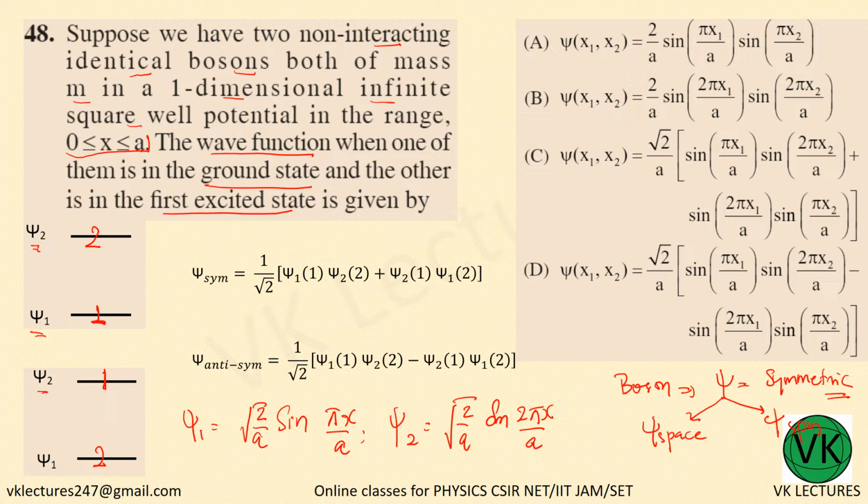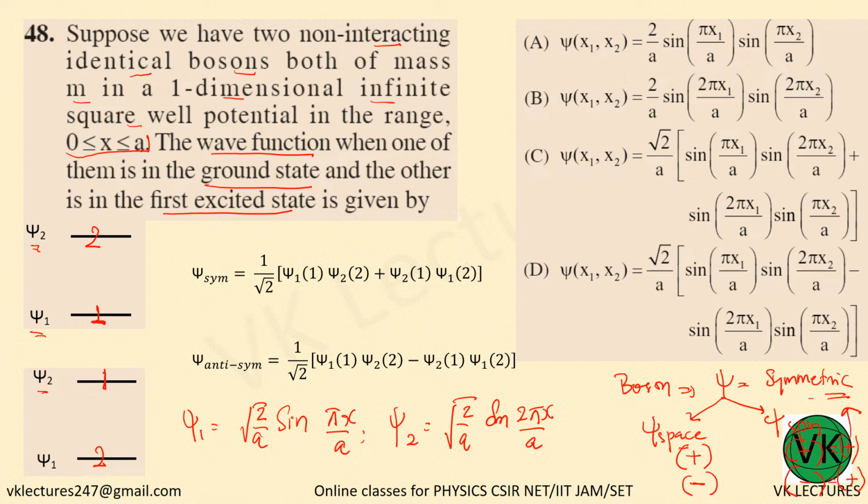Together, psi space and psi spin must be symmetric. That means if psi space is symmetric, psi spin also must be symmetric. Or if psi space is negative, that means anti-symmetric, psi spin also must be anti-symmetric. So plus into plus you get plus, that is symmetric. Minus into minus you get plus, that is symmetric.